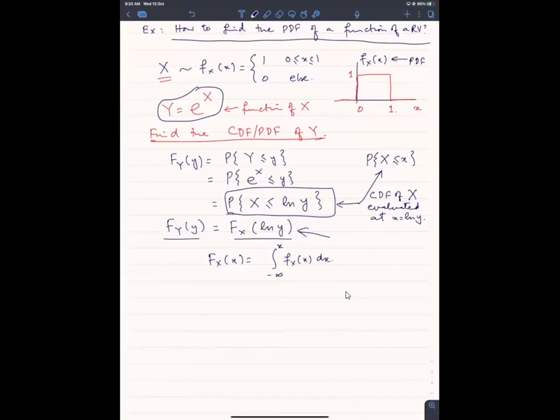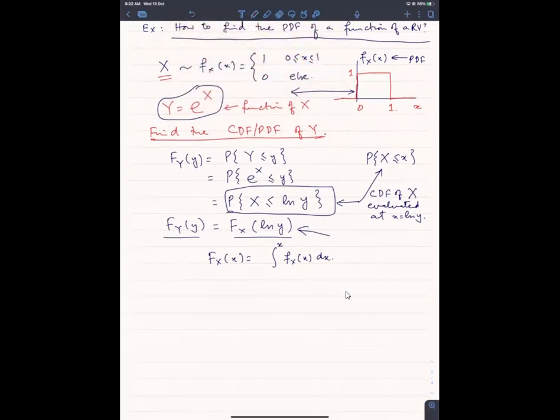That is how you find the CDF from the PDF. देखें when x falls between minus infinity and 0, तो कुछ एरिया ही नहीं है उसके अंदर. तो इसको मुझे माइनस इन्फिनिटी से इंटीग्रेट नहीं करना है, इसको मुझे इंटीग्रेट करना है from 0 to x of 1 dx, which is really x, and for only x between 0 and 1.